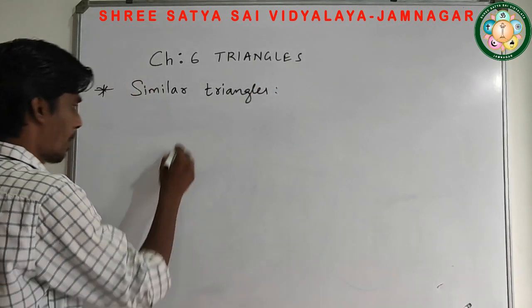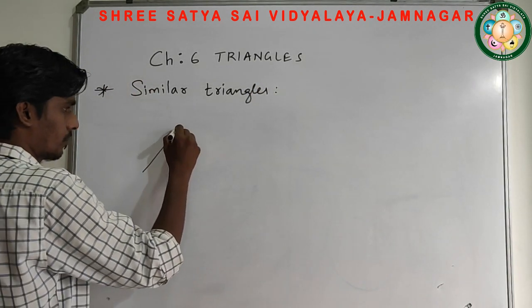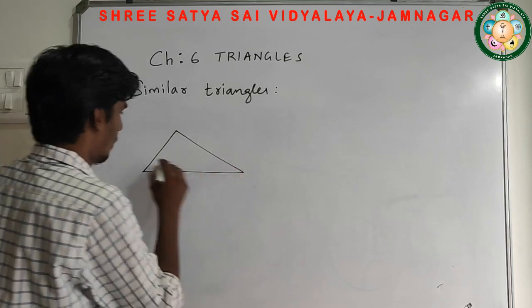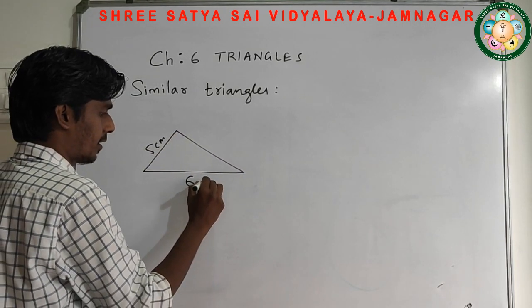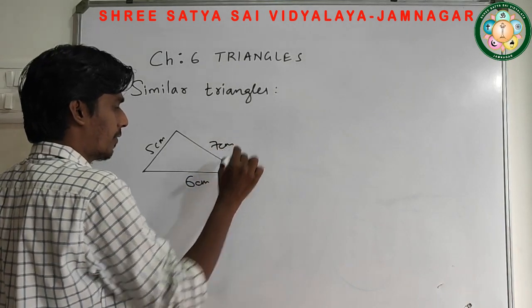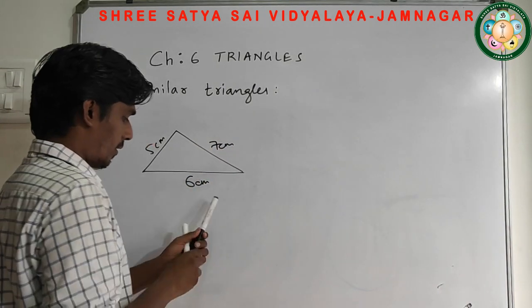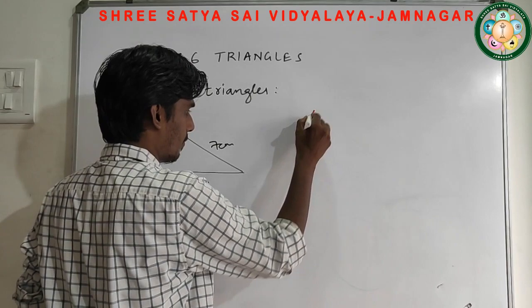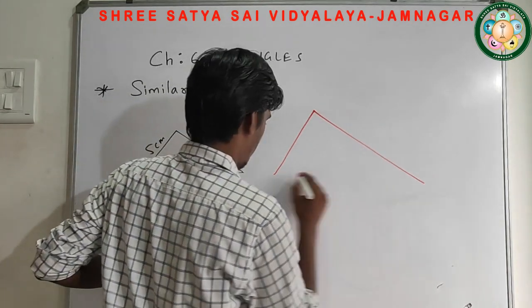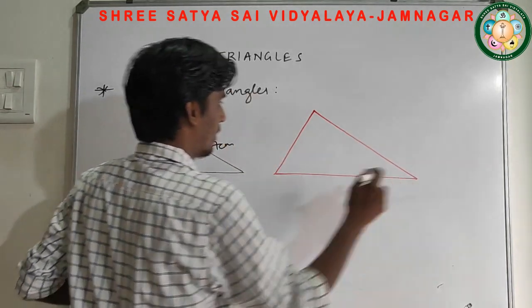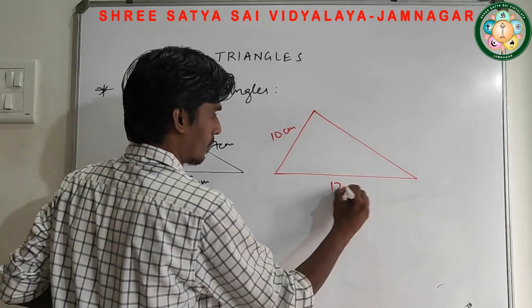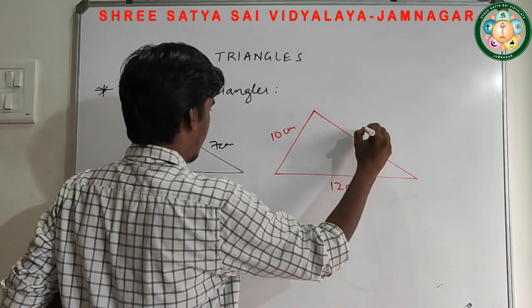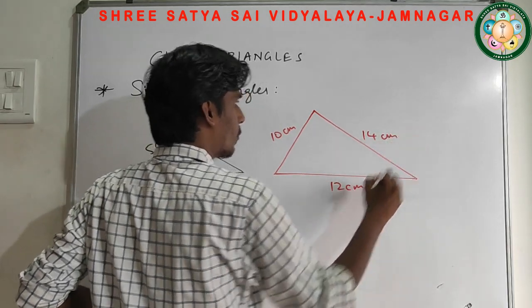Similar triangles. So this is 5, this is 6 centimeter and this is 7 centimeter. Now in comparison with this, take this one as 10 centimeter, 12 centimeter and this is 14 centimeter.